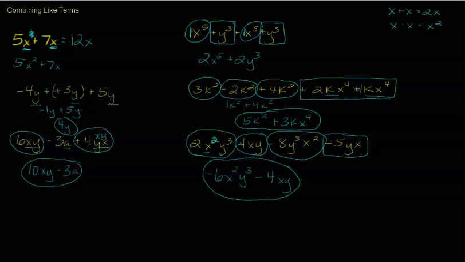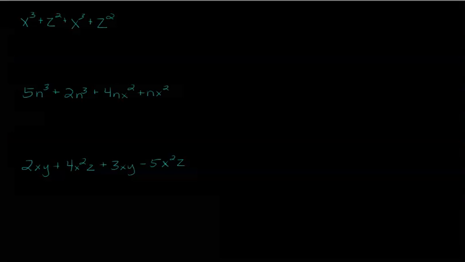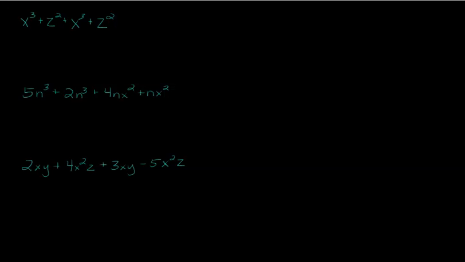All right, let me give you a couple more that you can try. Okay, why don't you pause it and see if you can answer these three on your own. Okay, so let's look for like things together. So we have an x to the third. Here we have an x to the third. Here we have a z squared. And at the end we have a z squared.